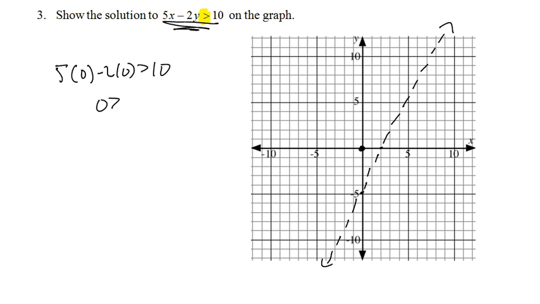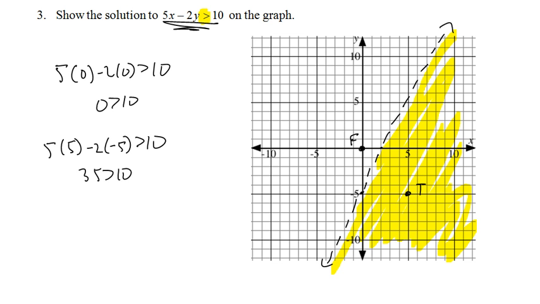So we get 0 is greater than 10. False. And let's check the point 5, negative 5. We're expecting this to be true because one side's going to be true and one side's going to be false. And we end up with 35 is greater than 10, which is true. So in this case, every point below the line but not including the line is going to make this inequality true.